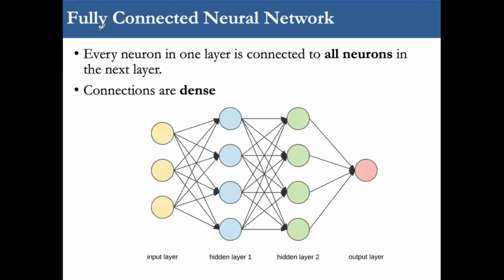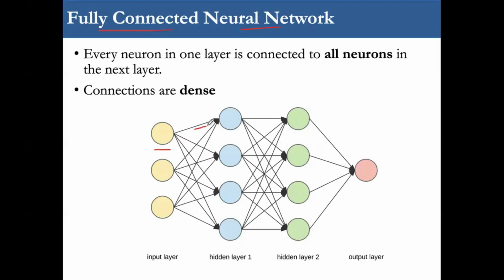The next one is the fully connected neural network. In a fully connected neural network, every neuron in one layer is connected to all neurons in the next layer. Here you can see a neuron in one layer is connected to all neurons in the next layer.